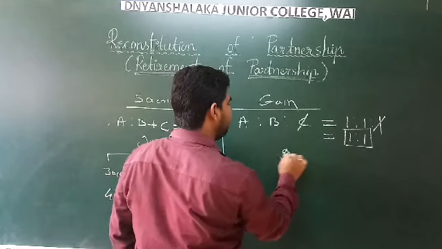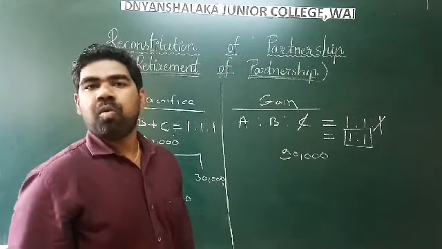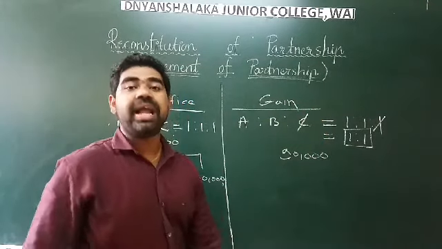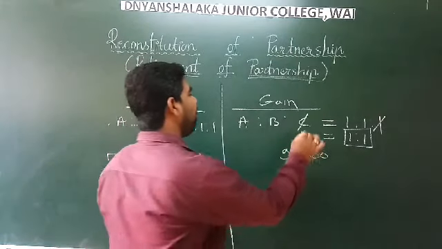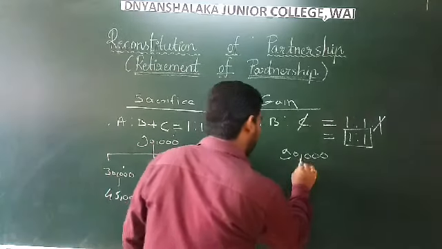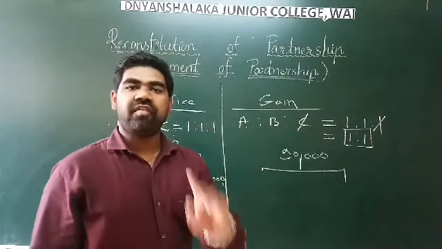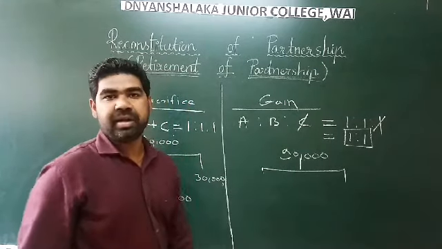Understand the same situation once again. How much profit do you earn? You earn the profit of rupees 90,000. But now what is the situation? C retires from the business, so now C is not entitled to receive his share of profit in this rupees 90,000. That's why this profit of rupees 90,000 we have to distribute only between the two partners who are continuing partners.